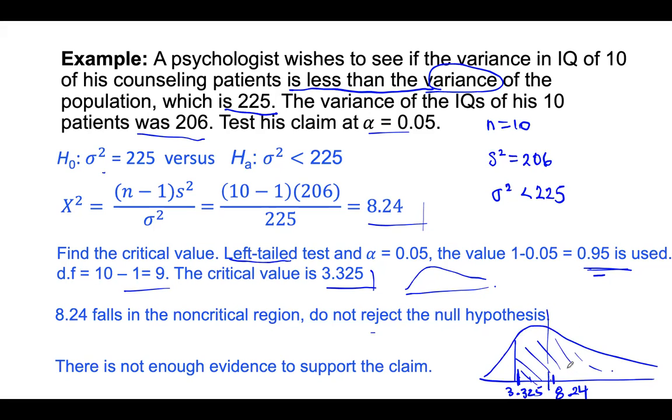So this area is where we reject the null hypothesis. This is where we accept the null. So we do not reject that null hypothesis. So there's not enough evidence to support the claim.